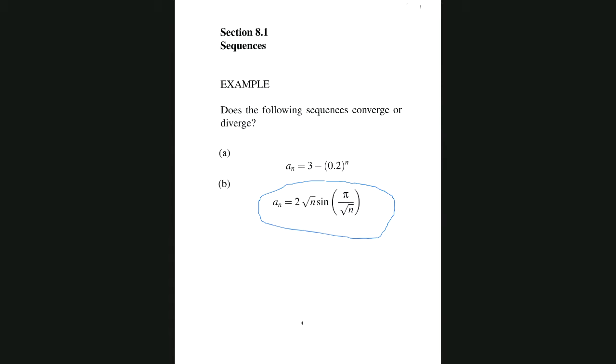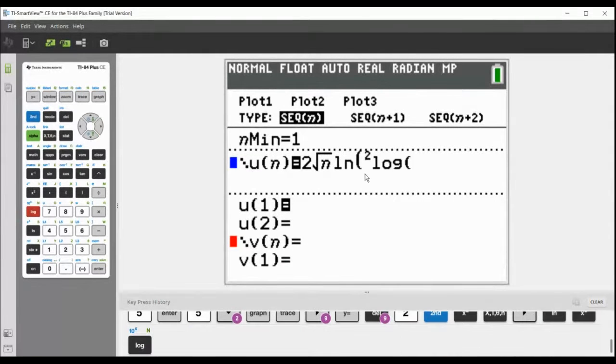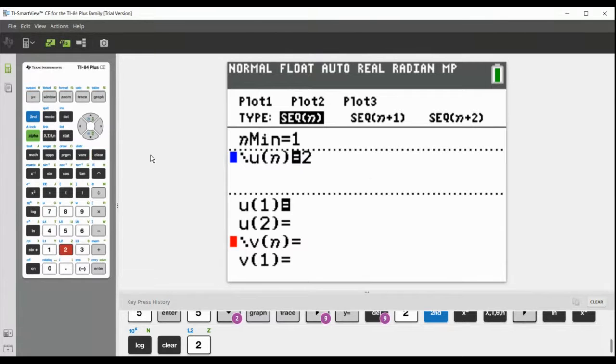Let me stop the sharing here and go back into the application. Right, okay, now I'm back in the sequence mode. 2 times the square root of n times the sine. Whoops, I just screwed that up. Hold on, let's try it again.